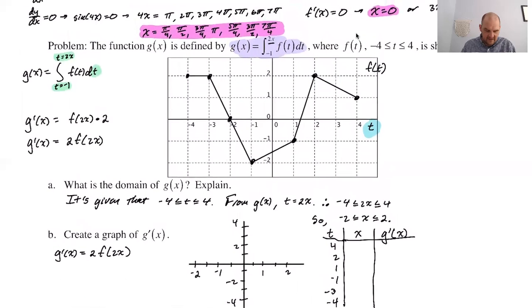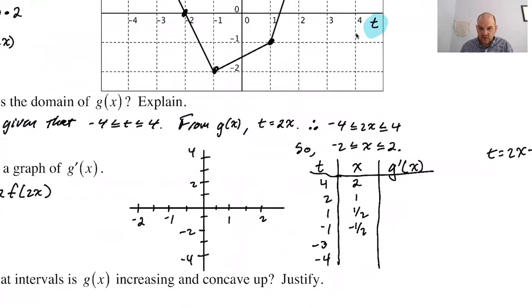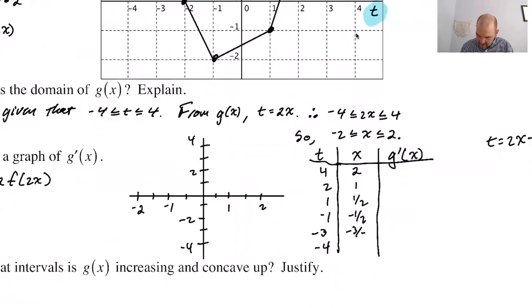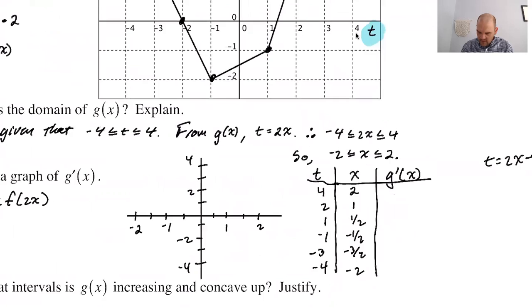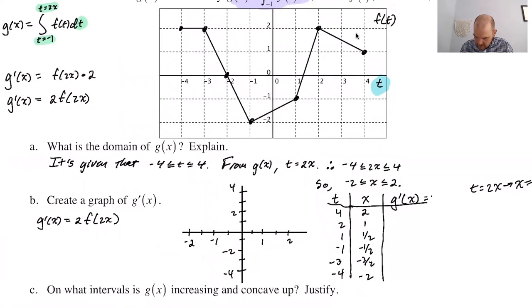Well, t is equal to 2x from the upper bound, which means x is t over 2. So at 4, our x coordinate is 2, then 1, 1/2, -1/2, -3/2, -2. Now g prime of x, which we know is 2f of 2x.